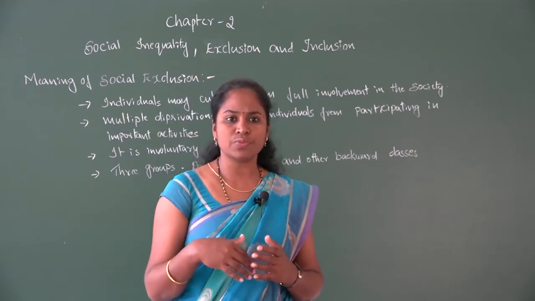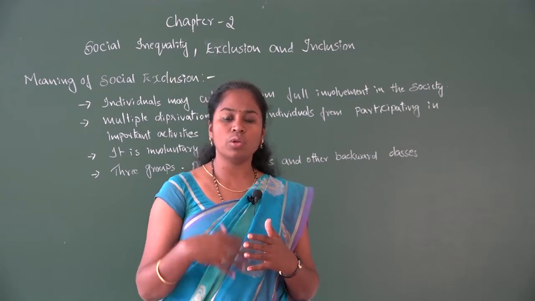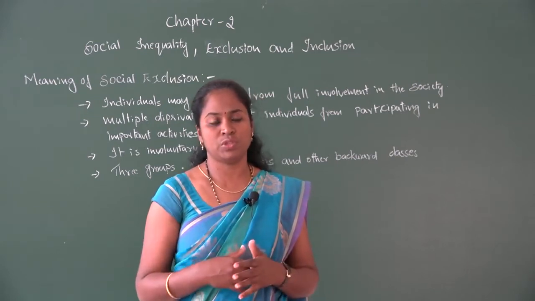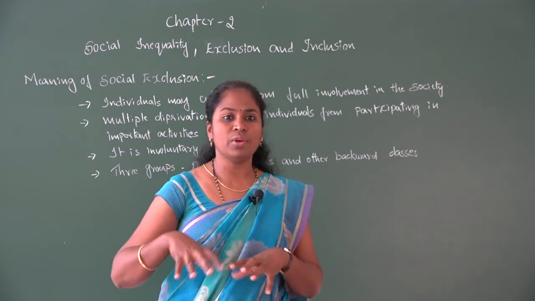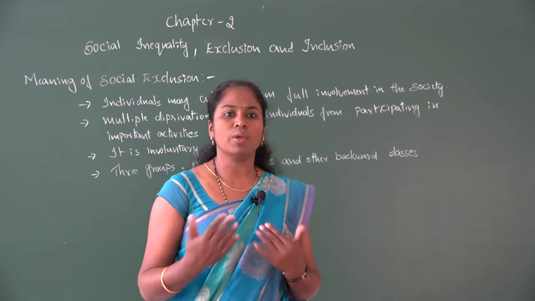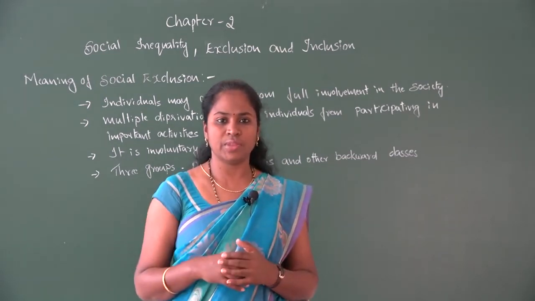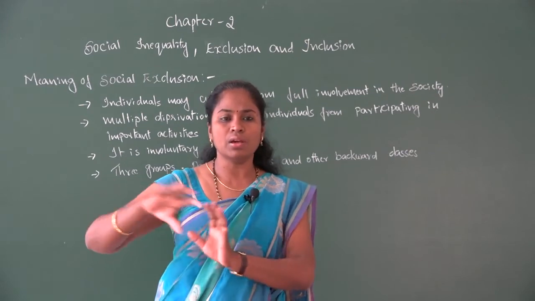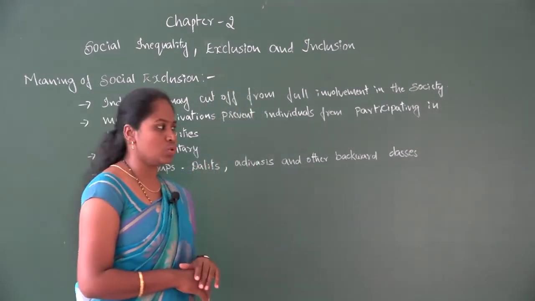It may be because of the past society, the traditional society, where they follow the same way of life. Because of the beliefs we have and the culture we follow, one group feels that they are the superior ones and they keep other people away from that particular group. That is called social exclusion.